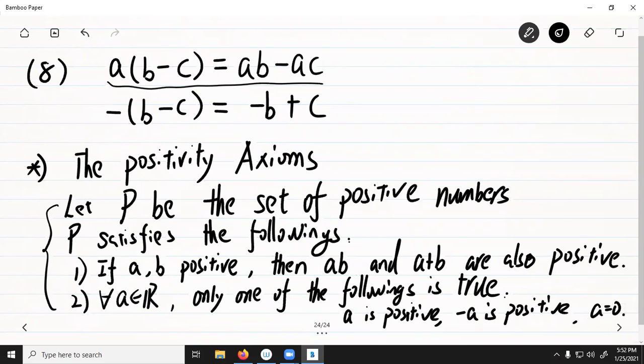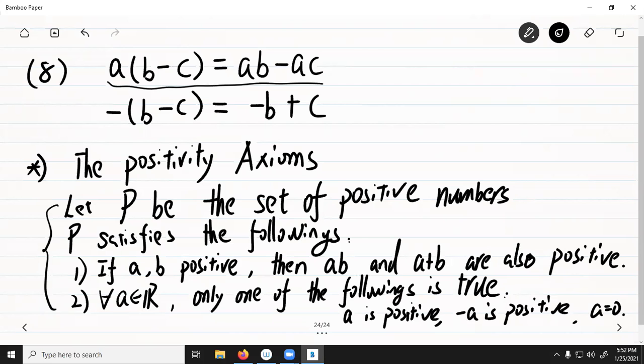So the first one: if two positive numbers, the product and the sum should be positive. The multiplication and the addition should be positive. If you have a real number A, either A is positive, or negative A is positive, or A must be 0.